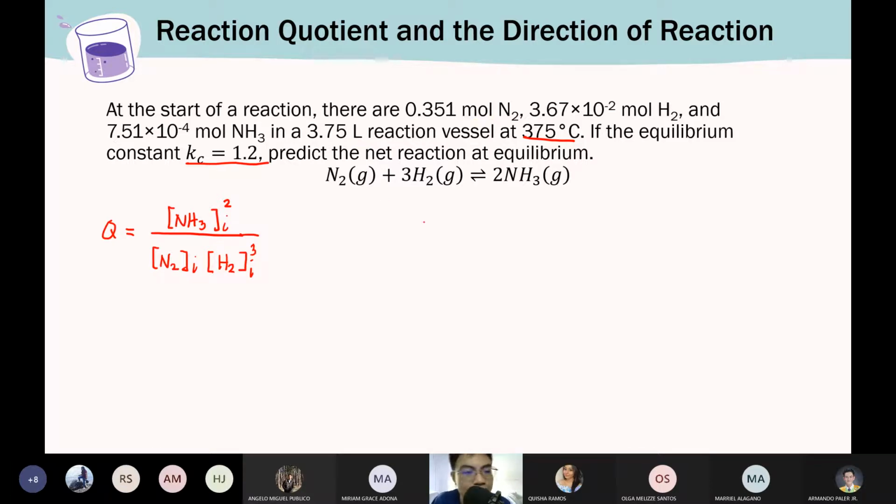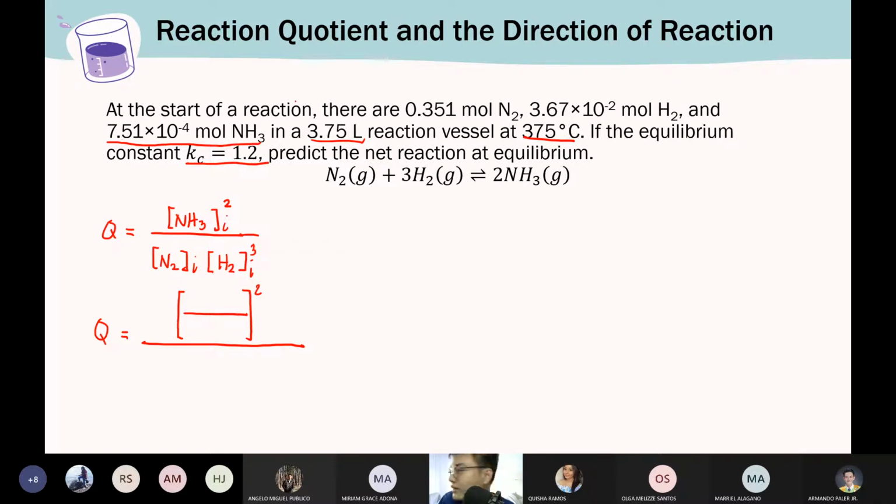Ako, I highly suggest, no, na ganito nyo gawin yung solution nyo. Since you are just going to divide this by this, ilagay mo na siya mismo sa fraction mo. Okay? Ipakita mo na siya mismo. Okay? Now, for example, for N2, ammonia. Ammonia. Ano ba yung amount ng ammonia? Ito yung amount ng ammonia, 7.51 times 10 raised to negative 4 mole.